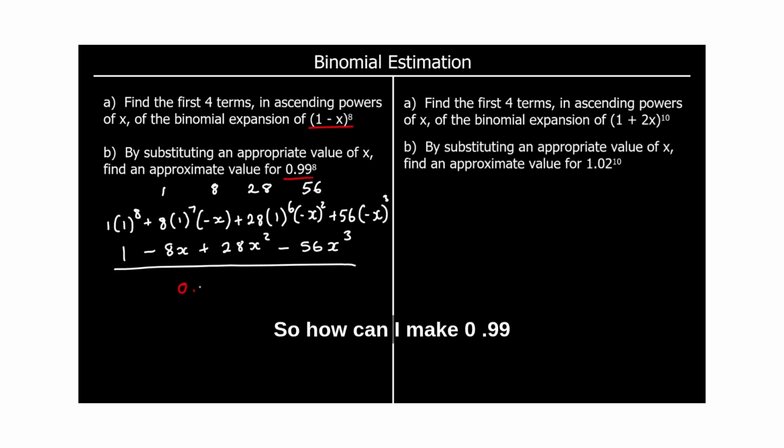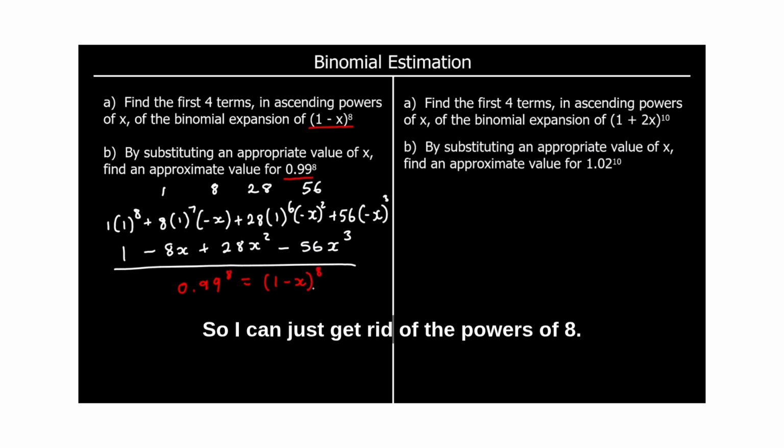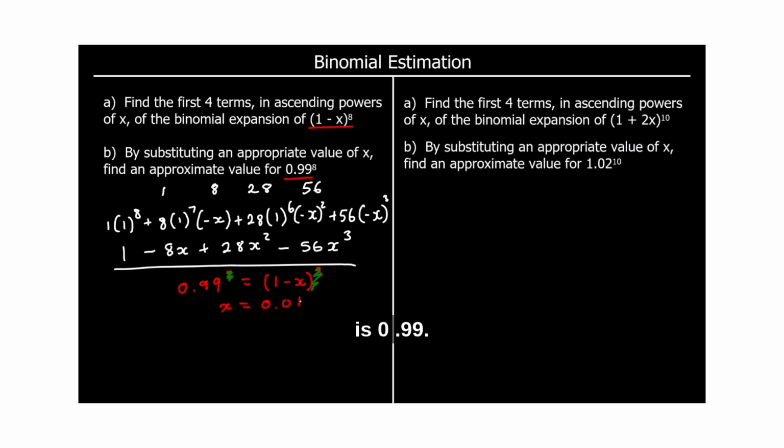So how can I make 0.99 to the power of 8 the same as (1 minus x) to the power of 8? So I can just get rid of the powers of 8 from both sides. 1 minus x equals 0.99. So x is going to have to be 0.01, because 1 minus 0.01 is 0.99.